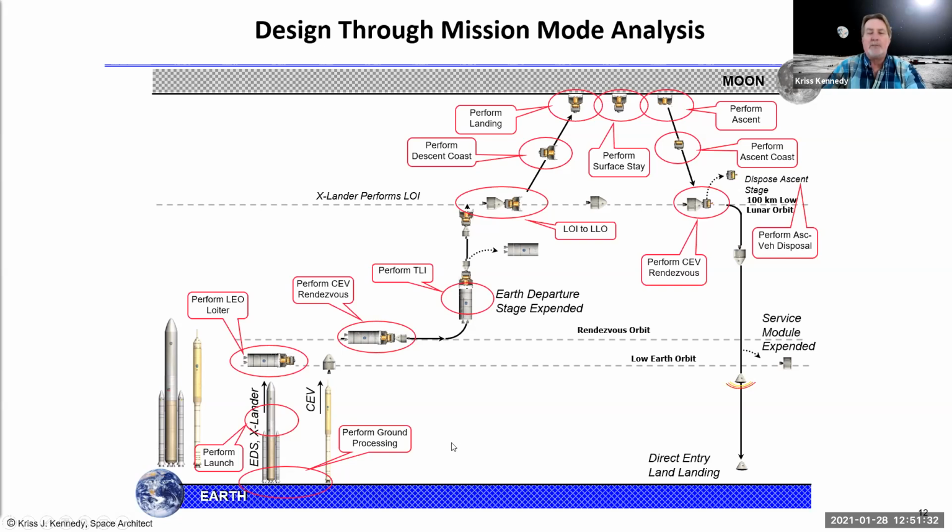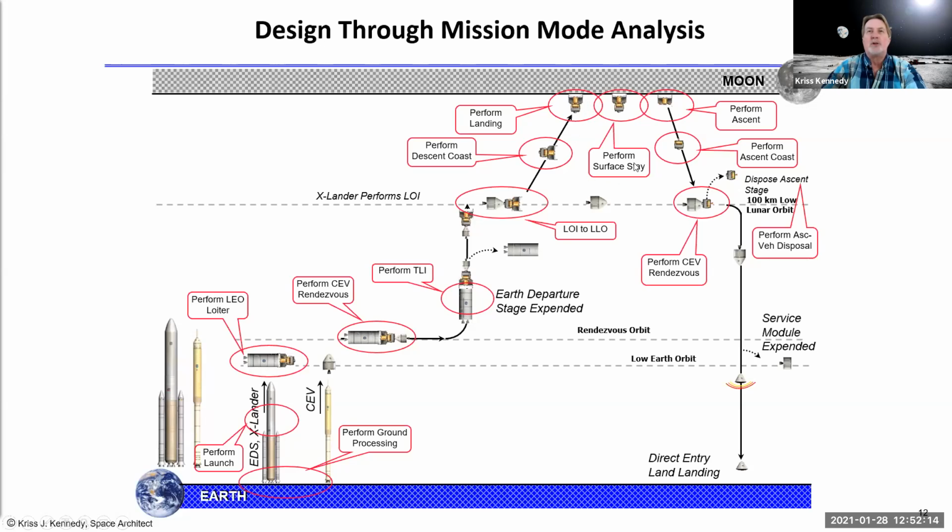As part of this mission mode analysis is thinking through what is going on at each one of these mission modes, from the aspect of performing the ground processing, performing the launch, performing LEO loading, and any docking or rendezvous that may occur, the translunar injection, what's going on there, the disposal of the stage, translunar injection stage, the transfer or loiter to low Earth orbit, to then LOI to low lunar orbit, and then transfer down to the lunar surface.